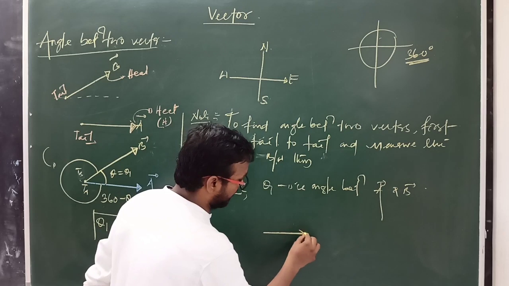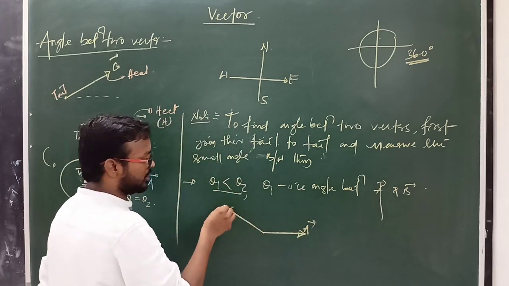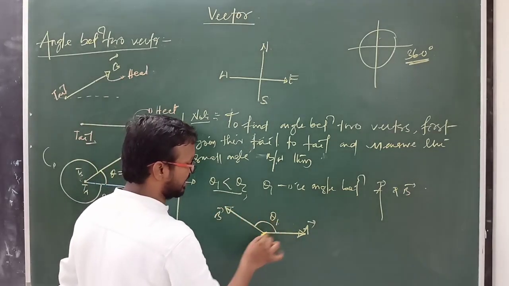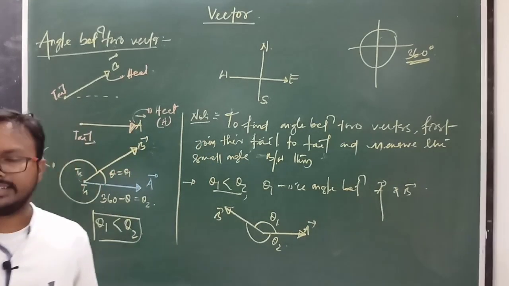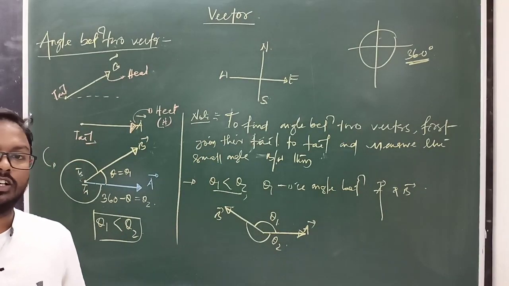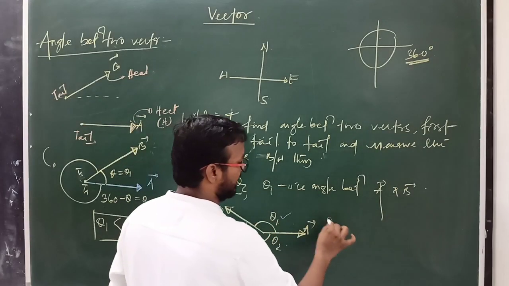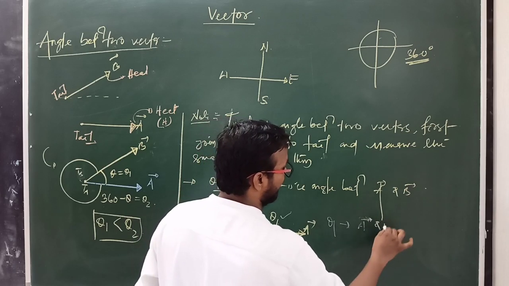Suppose I am taking one example here. There is a vector, and this vector is A vector, and another vector, suppose this vector is B vector, and again there are two angles, suppose this angle theta 1 and this angle theta 2. Which angle is the angle between A vector and B vector? In this case theta 1 is the angle between A vector and B vector.